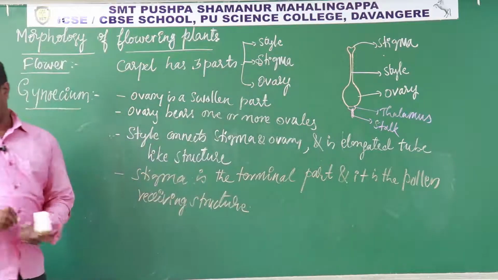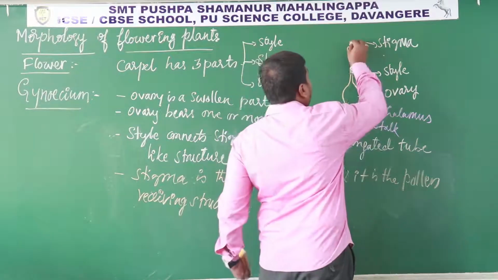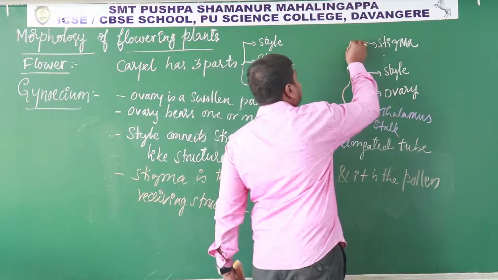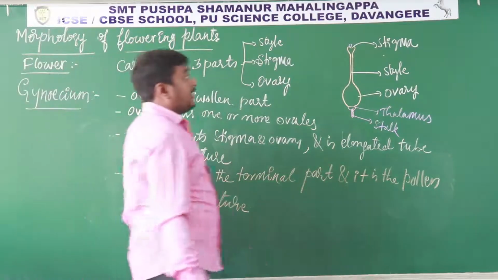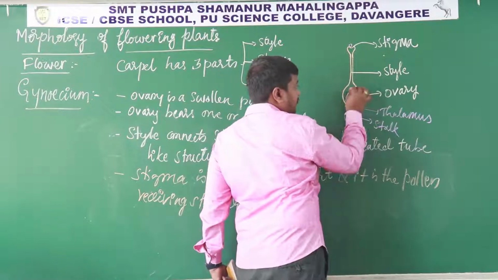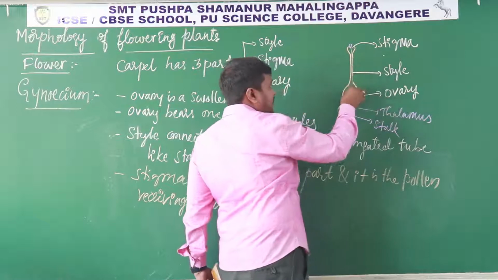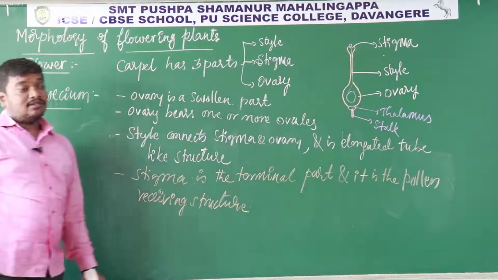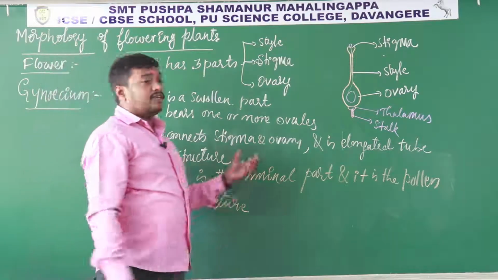During pollination, the pollen grain gets deposited on the stigma, and this pollen grain is called the male gametophyte. The female gametophyte is present within the ovule, the male gametophyte produces a tube, enters inside and brings about fertilization. So the stigma is the pollen receiving part, and the ovary consists of ovules.